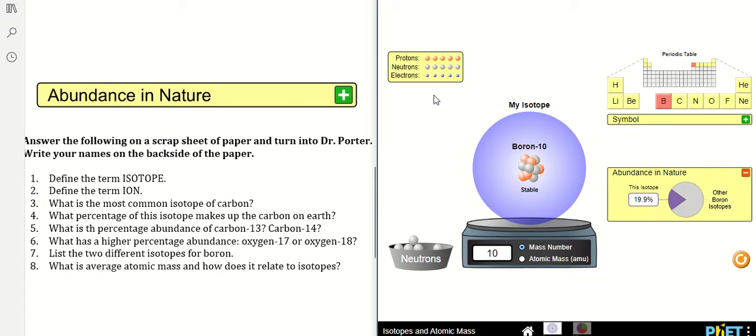If I take all the carbons in this world and average the masses together, I get an average atomic mass of, take a look on the periodic table, 12.0107. That shows me that the vast majority of carbons in this world are of what isotope?